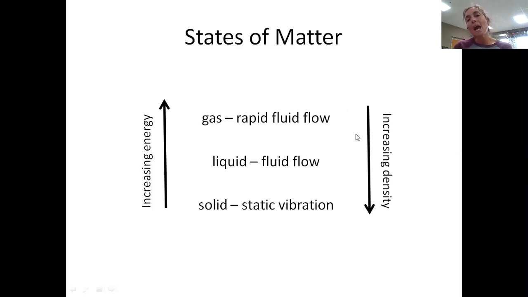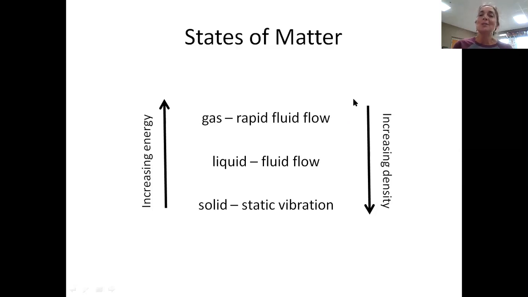And if you went back the other way, from gas, like steam, to liquid, like liquid water, to solid, then you would be increasing the density, which means you would have more atoms or molecules per given amount of space as a solid than you would as a gas.